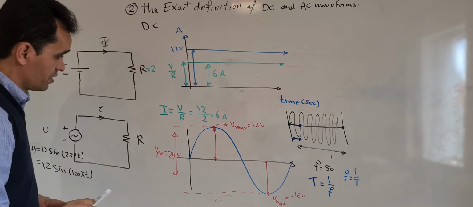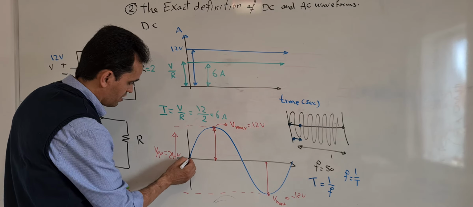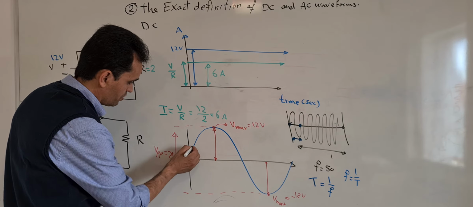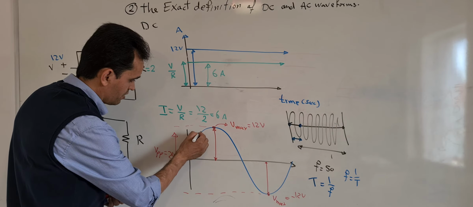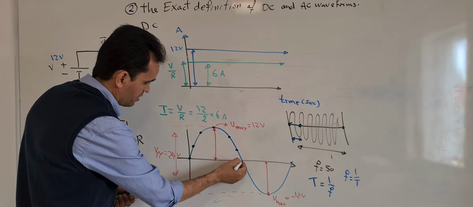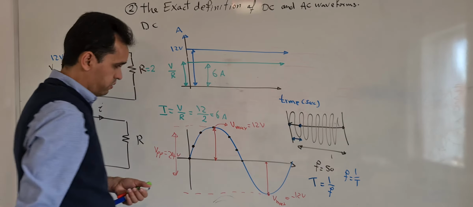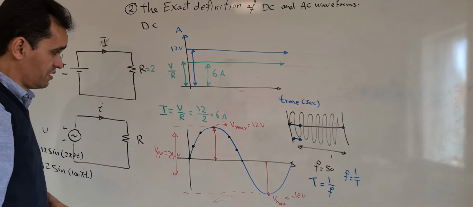So now, if we look at the maximum value, we find that it moves from 0 to a certain value, up to the maximum, then it's back down to 0 again, in a negative direction, then to the positive direction again.